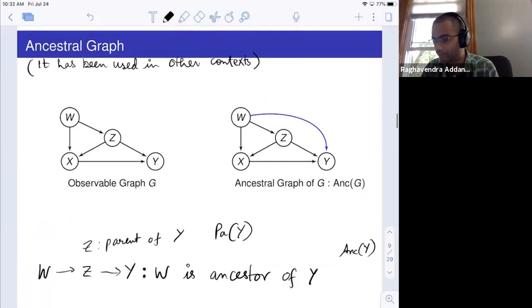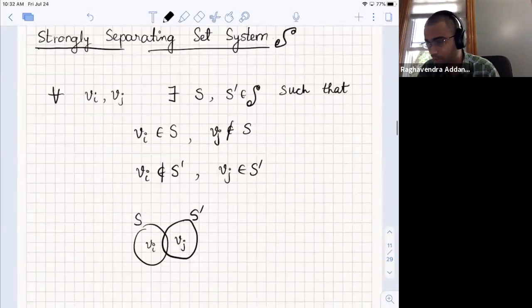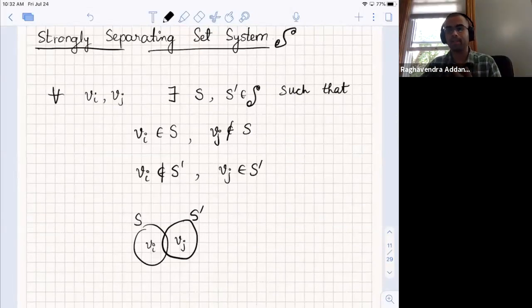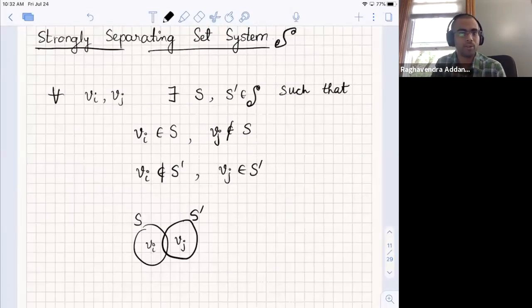Now we'll define how we obtain this ancestral graph given the observational data, and what interventions are needed to do this. Here's the definition of a strongly separating set system. Consider all these variables. Between every pair of variables, we define two cuts with respect to the set of nodes.